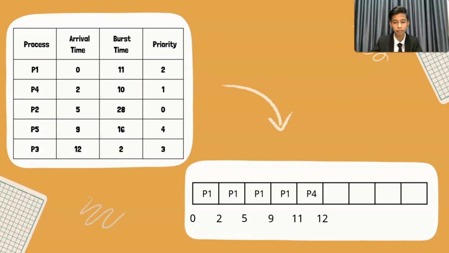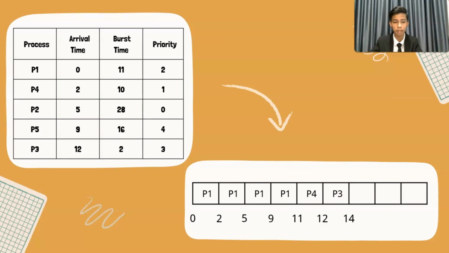For the next part, at time 12, P3 arrives. We compare the remaining burst times of P4, P2, P5, and P3, which are 9, 28, 16, and 2. Since P3 has the shortest burst time of 2, P3 starts executing.